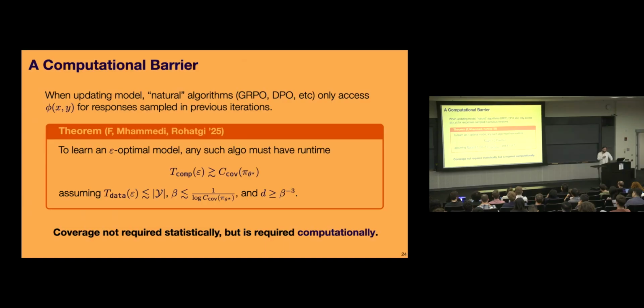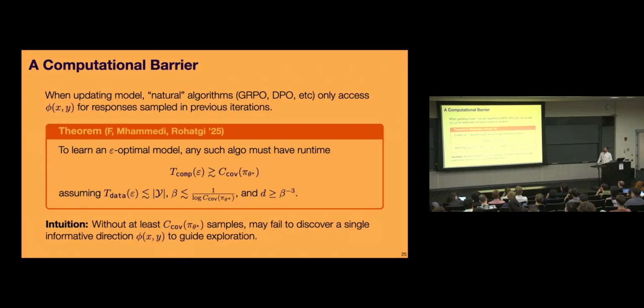So this is interesting. It says you do need coverage, like you are restricted to responses that are covered well by the base model, but for computational reasons rather than statistical reasons, which is maybe a little subtle.